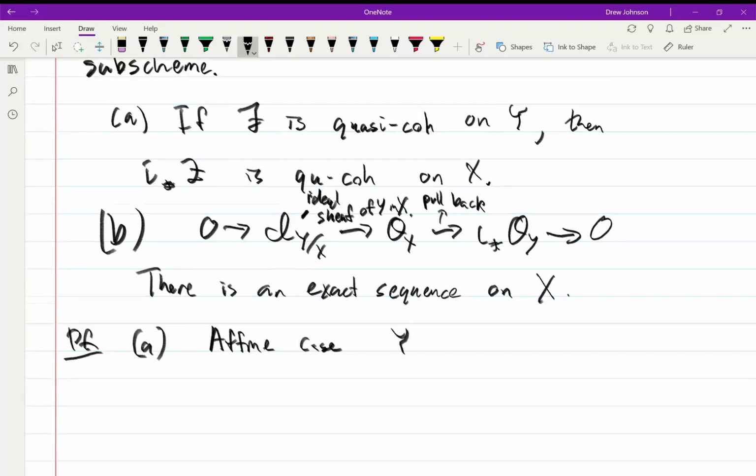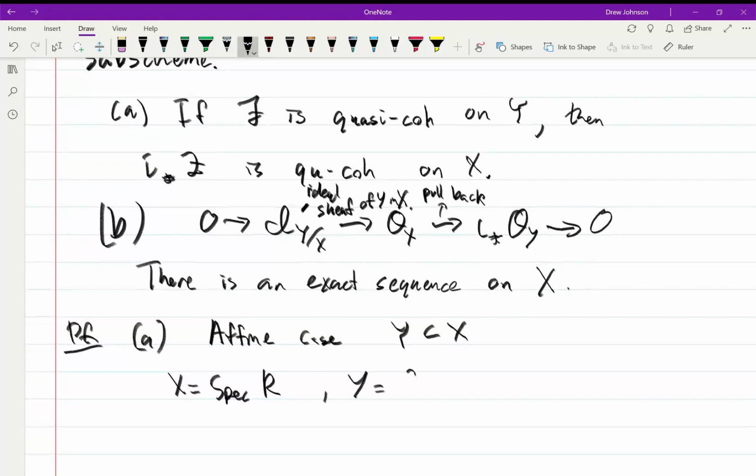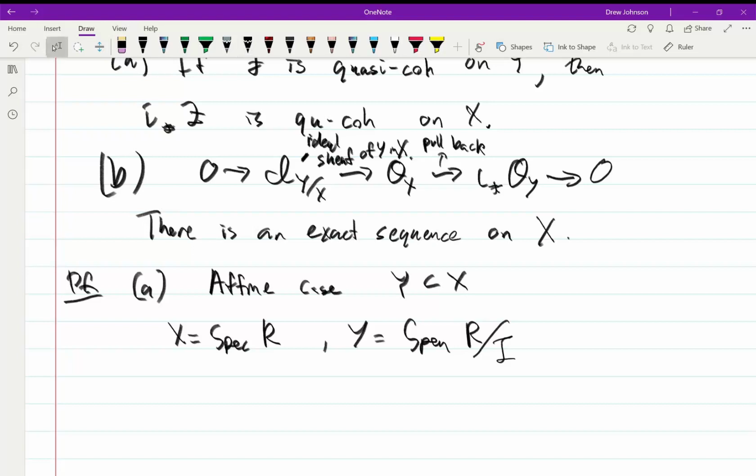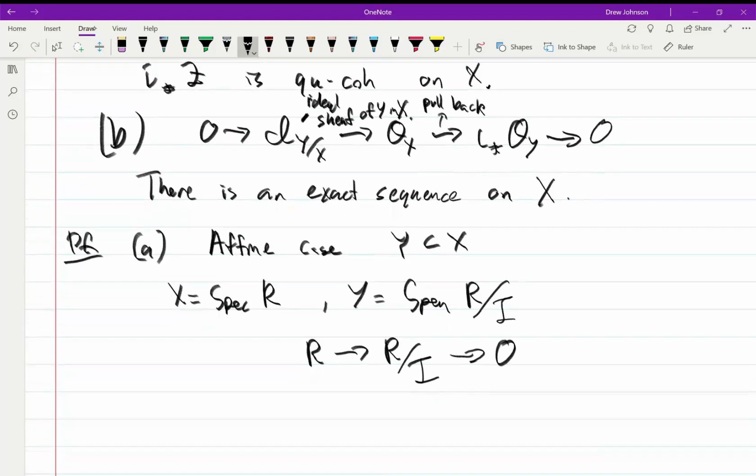So Y is a closed subscheme of X. That means that X is equal to Spec R for some ring, and Y is equal to Spec R/I for some ideal I. And furthermore, the pullback map here is going to be R mapping to R/I. Okay, and this is a surjective map. Okay, and the kernel is just going to be the ideal I.